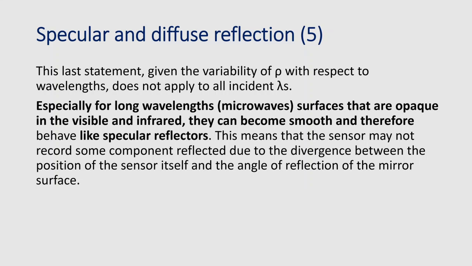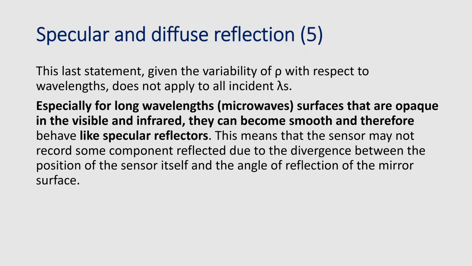So again, as with many of the phenomena we saw until now, the roughness of a surface depends on the wavelength of the incident energy. Again, a phenomenon that is a function of wavelength. The same surface that, for example, in the visible is rough and behaves like a Lambertian surface could become smooth for very long wavelengths of the incident energy.